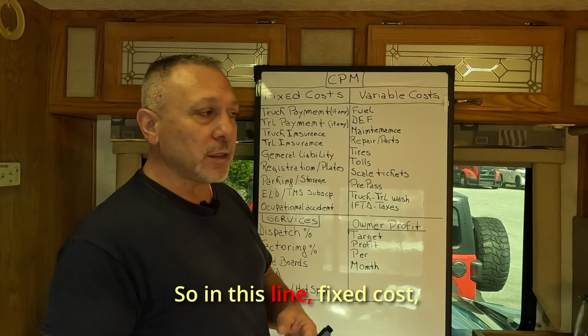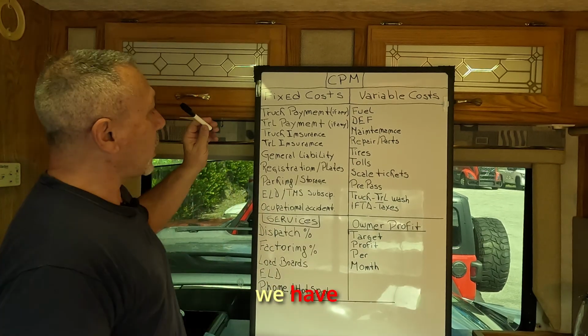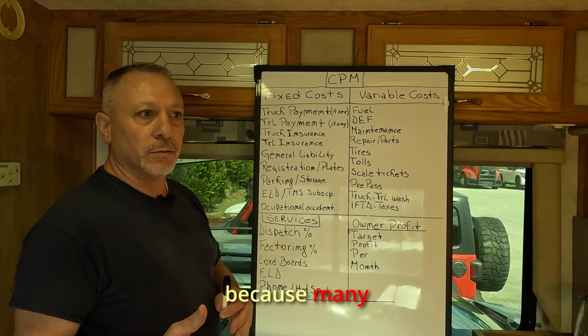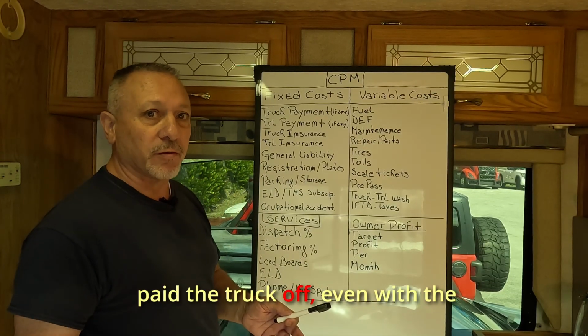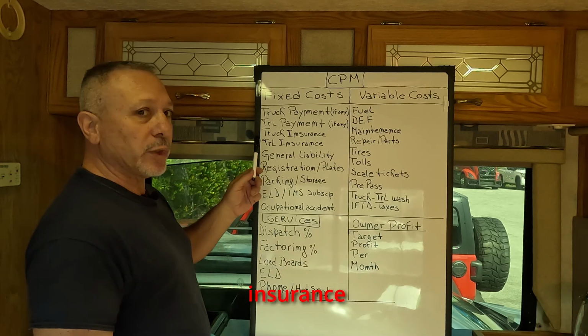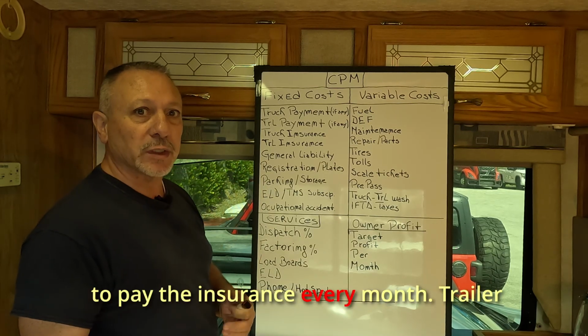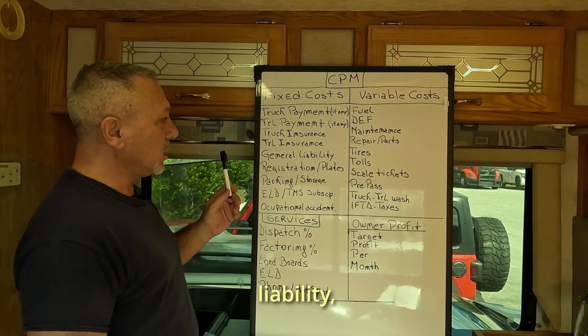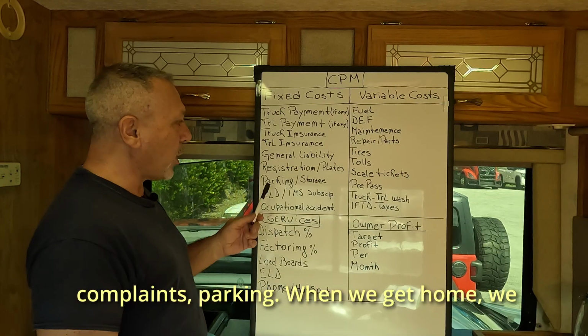So in this line, fixed cost, we have truck payment, if any, because many drivers already paid the truck off, even the trailer. Trailer payment, insurance, because we have to pay the insurance every month. Trailer insurance, general liability, registration, plates, parking.